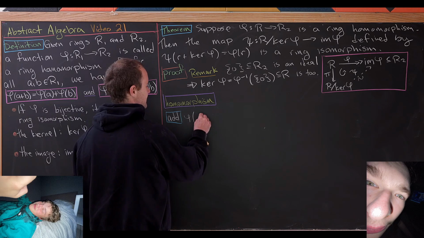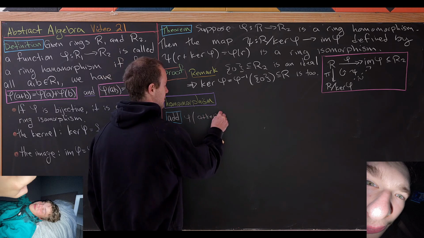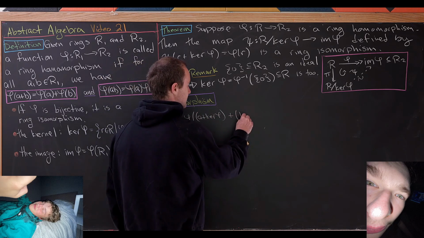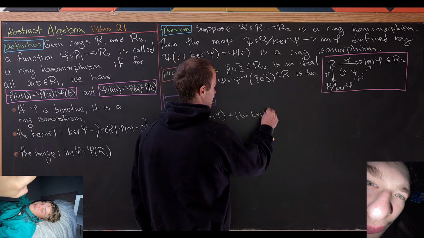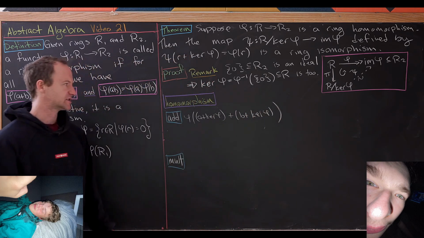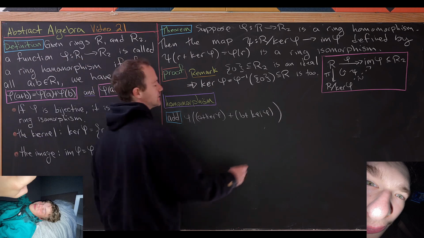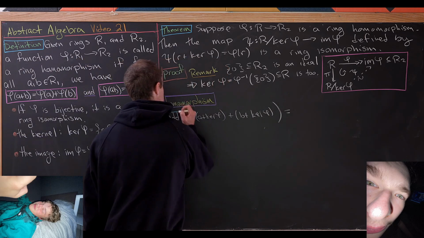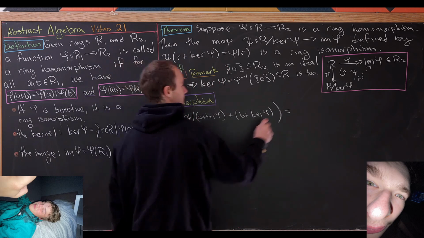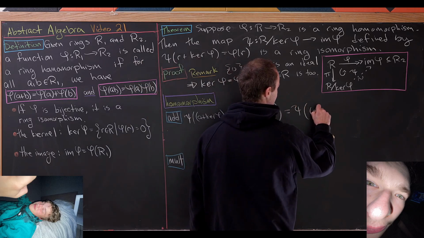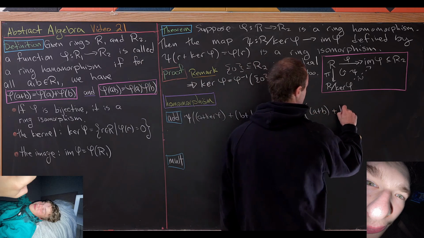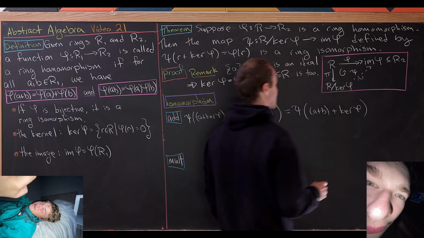So let's take psi of A plus kernel phi plus B plus kernel phi. Great. And let's recall that addition of cosets goes exactly the way you would want it to. Sorry, this should be psi over here. So that should be psi of A plus B plus kernel of phi.